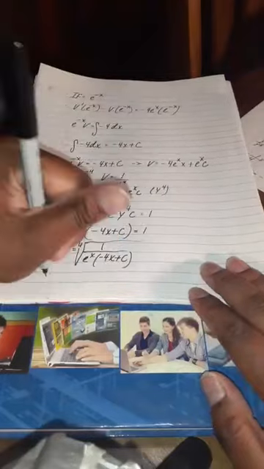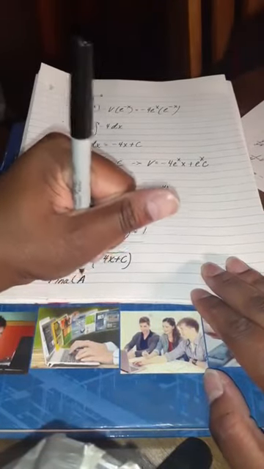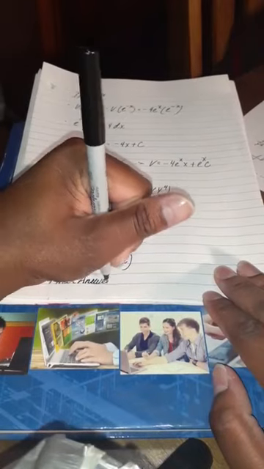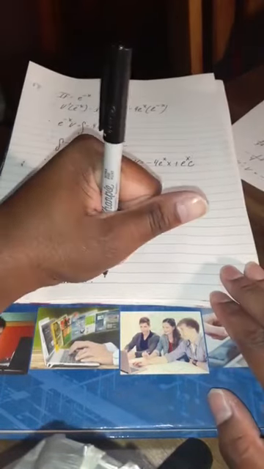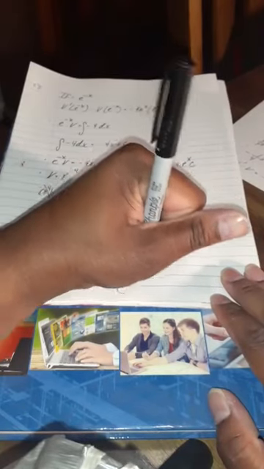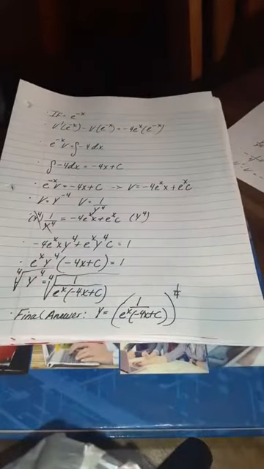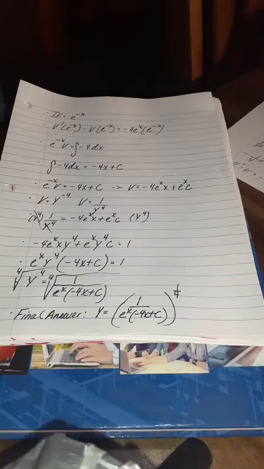So our final answer when we solve this Bernoulli's equation is y is equal to 1 over e to the x multiplied by negative 4x plus c, all raised to the positive 1 over 4. So that would be your solution.